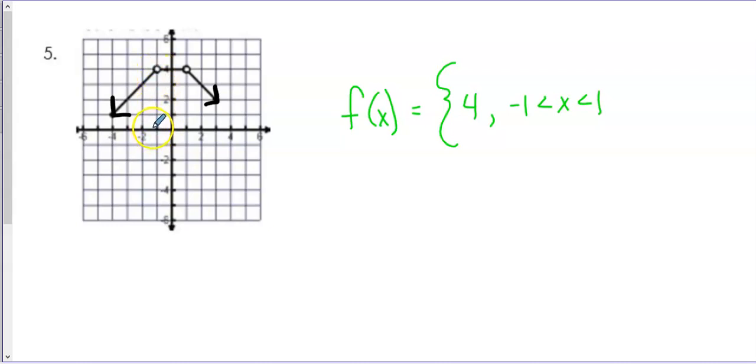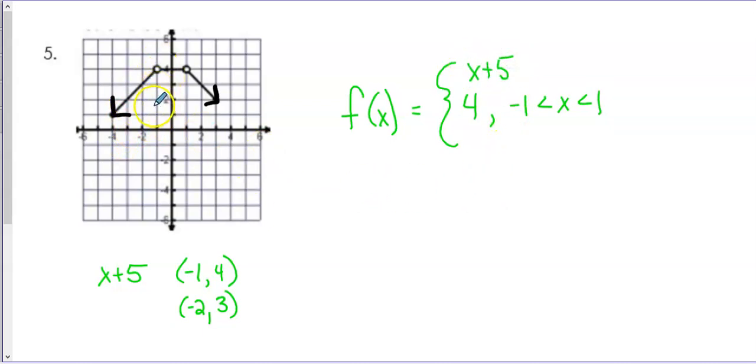Okay, so let's check that out. Yeah, if it was x plus 5, would that work? Well, negative 1 would be at 4. Yep. Negative 2 would be at 3. Negative 3 is at 2. Yeah, that works. So it's x plus 5.